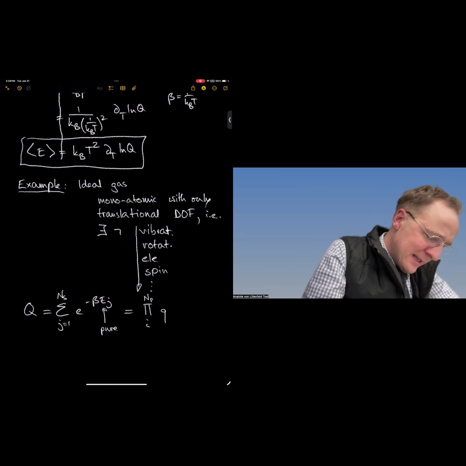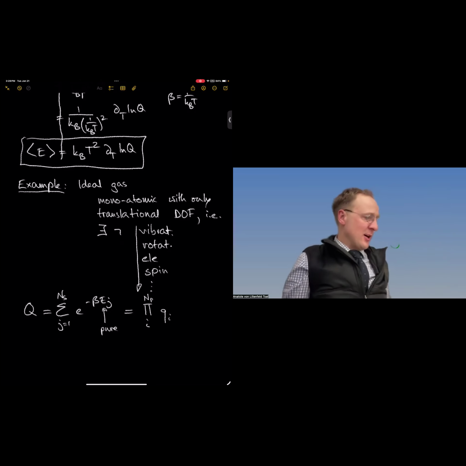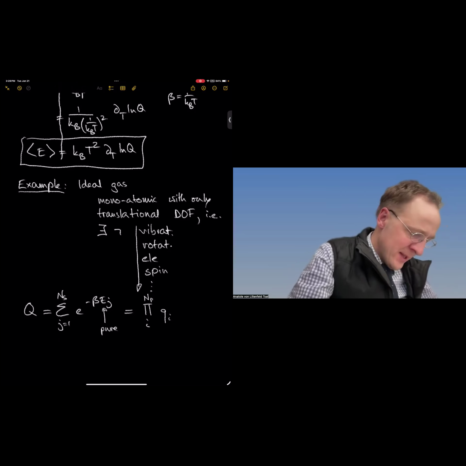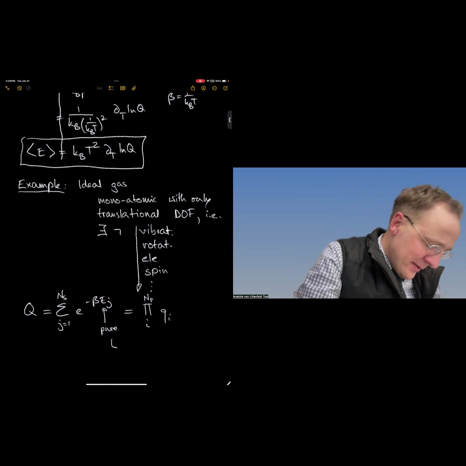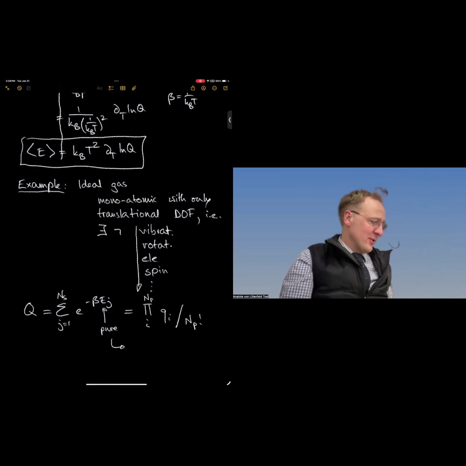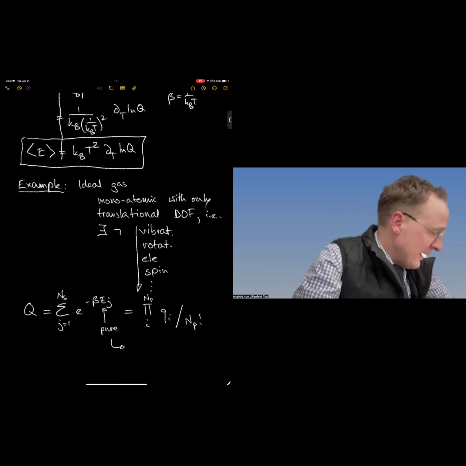And each particle has its own partition function, small q, right? And so this is for indistinguishable particles, divided by the number of particles factorial, because they are indistinguishable.